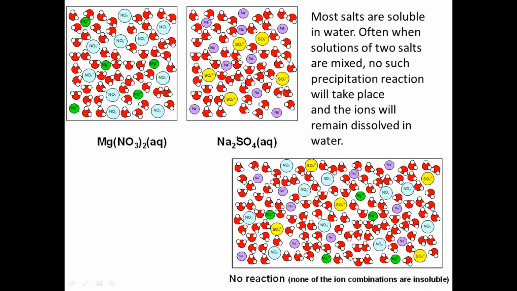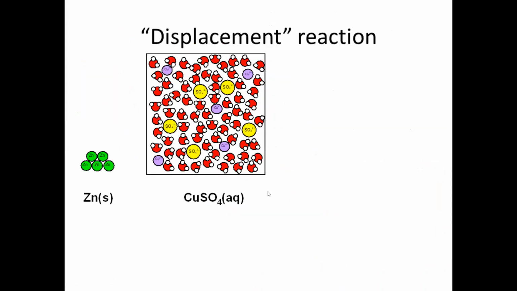Because all the sodium salts are soluble in water and all the nitrates are soluble in water. So all the possible combinations in here are soluble. So that means there's no reaction. Why? Because all the ions that we started with are still here unchanged. They haven't changed. No change, no reaction.